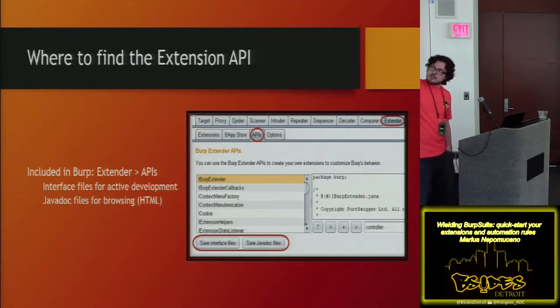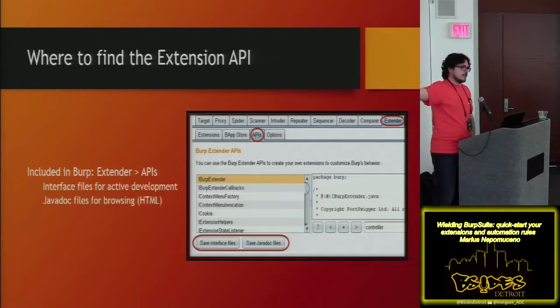You see here it says controller on the bottom left. That's a search box. You can search for terms in each of the class definitions to find out what you're looking at, find specific sections of that interface that you want to use, and so forth. The two buttons at the bottom there, Save Interface Files and Save JavaDoc Files.